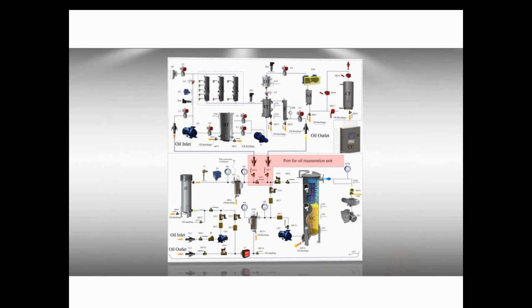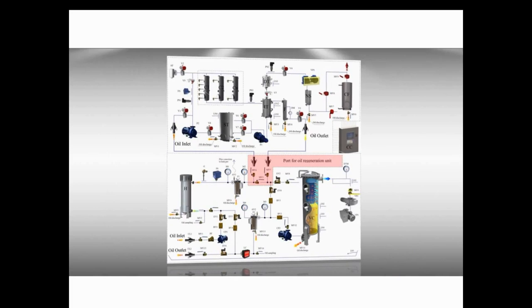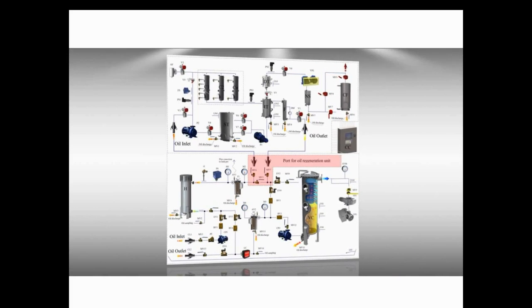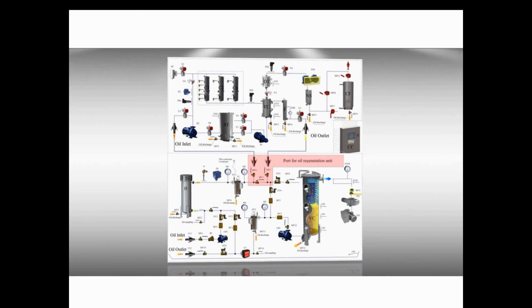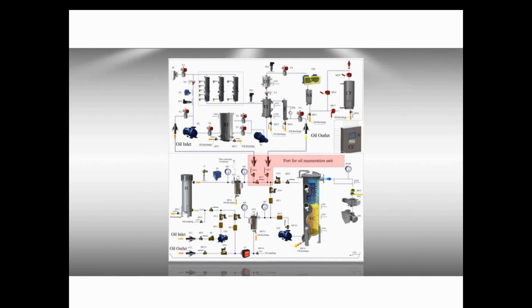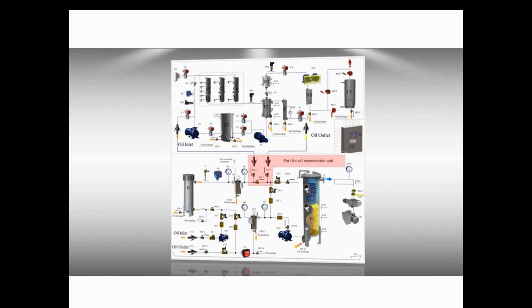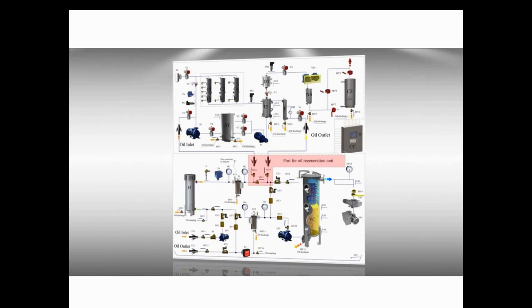GlobeCore manufactures mobile plants, which are mostly demanded by customers, as experience proves. Such plants have a degasser because oil must be degassed before it goes back to a transformer after regeneration. But if you've got a degasser at your site, you may only need the plant exposed above.